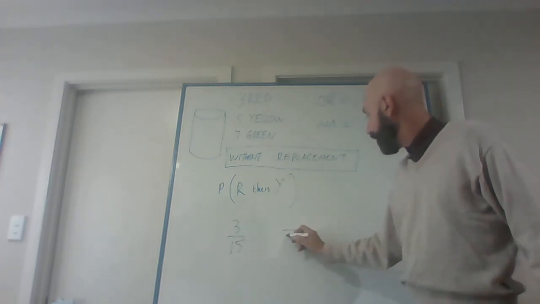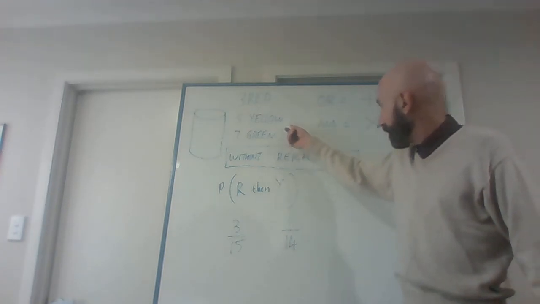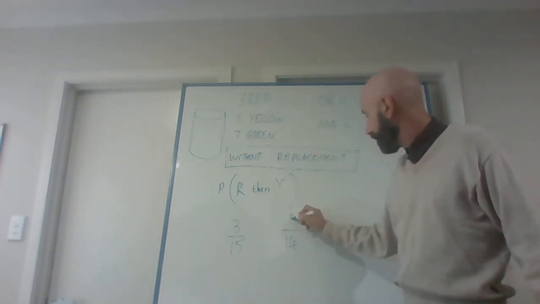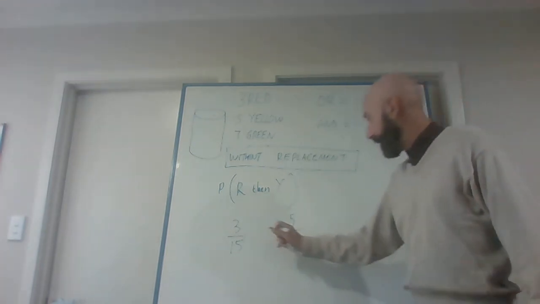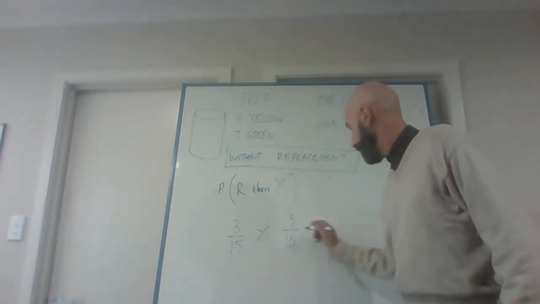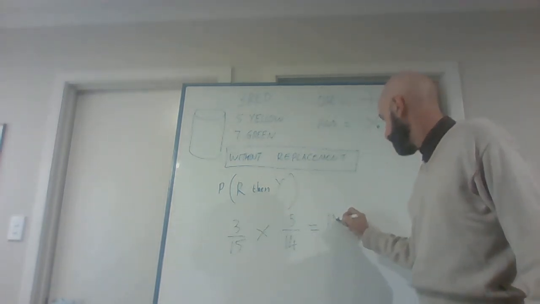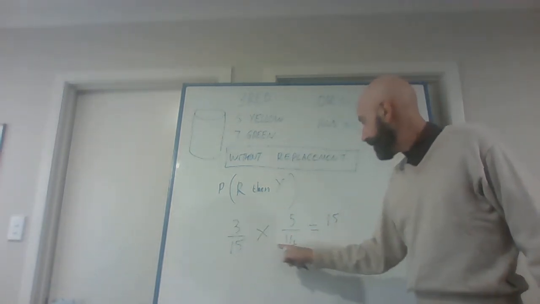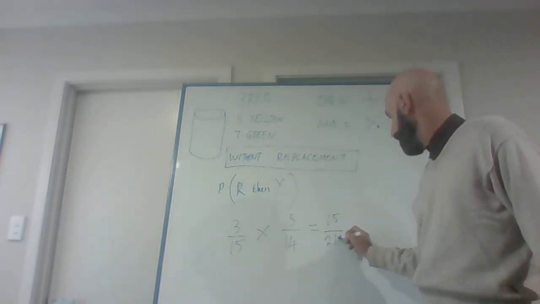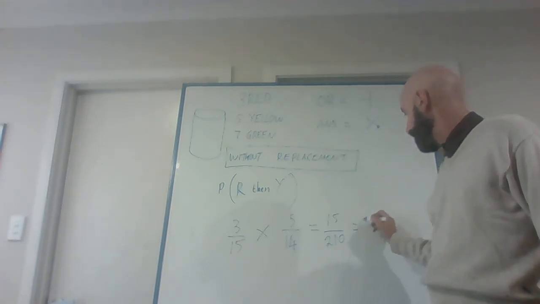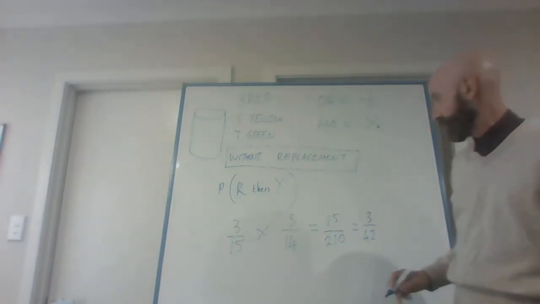My probability is now going to be out of 14 for the yellow one. 5 yellow, 14 left in the jar because I've swallowed one, and I'll do times. 3 times 5 is 15. 15 times 14 is 210. And that's going to be 3 out of 42.